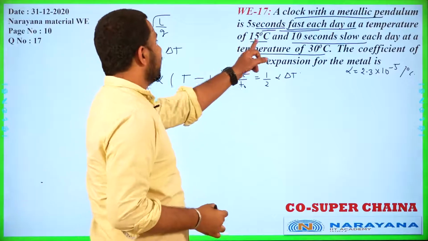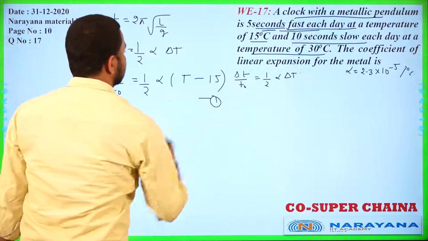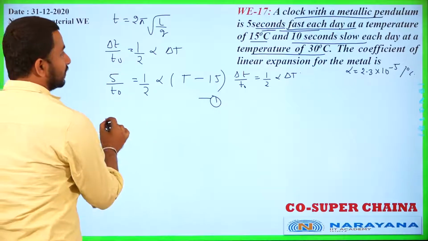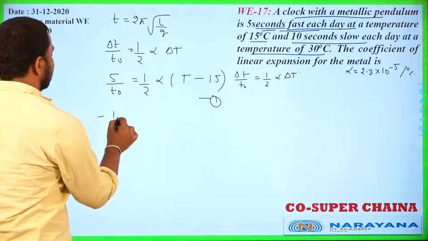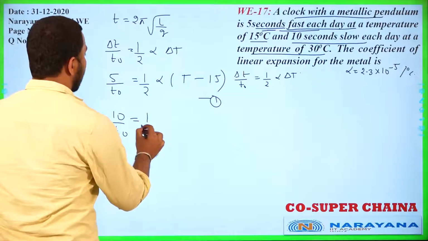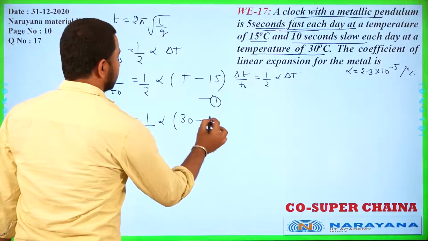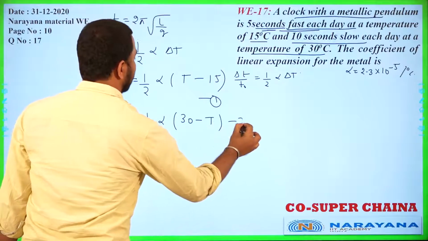This is fast at 15 degrees Celsius, and we write it as equation 1. For equation 2 it is slow, so we write minus 10 by T naught equals half alpha times (30 minus T). This will be our equation 2.